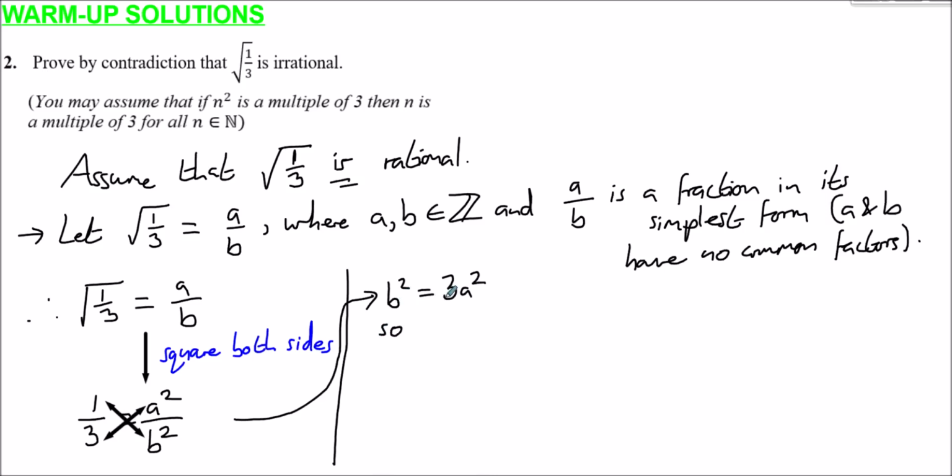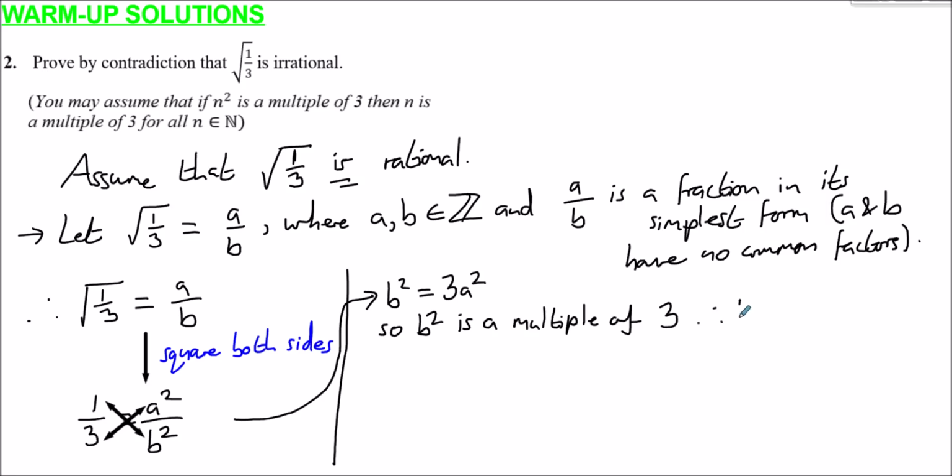So what we've got here is b squared is a multiple of 3, which we can now use in our proof. We can use this because we're now told that if b squared is a multiple of 3, we can use the fact that b itself will be a multiple of 3.